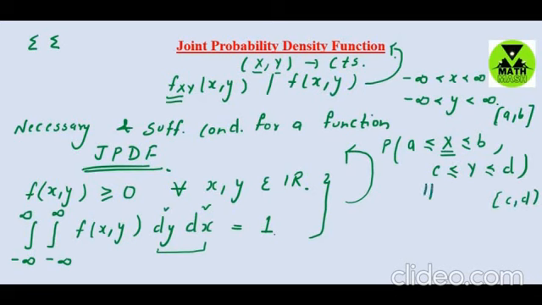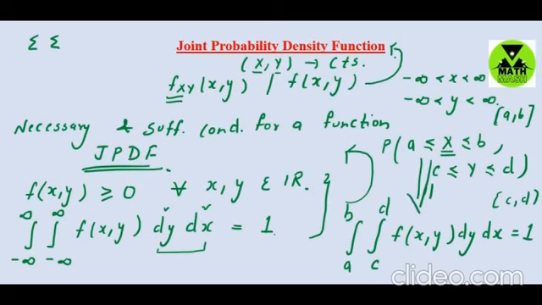So this is nothing but a double integral. X is taking values from a to b, y is taking values from c to d, and the function, the joint probability density function, is integrated with respect to y first, then with respect to x. So this probability is given by this double integral.